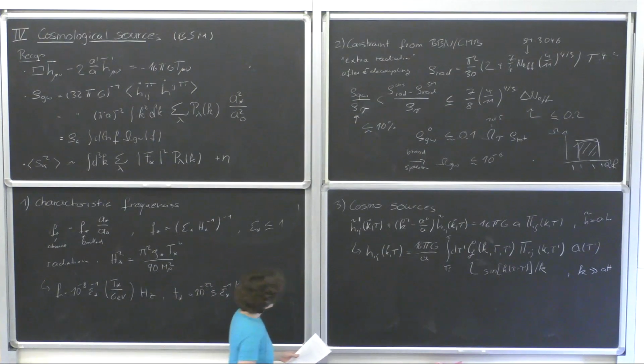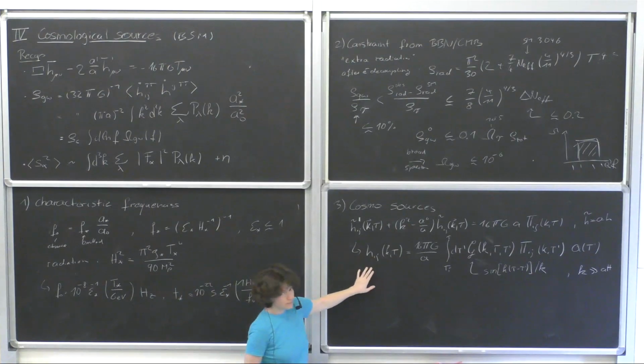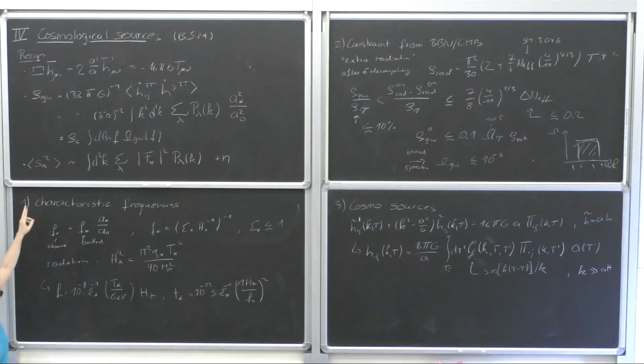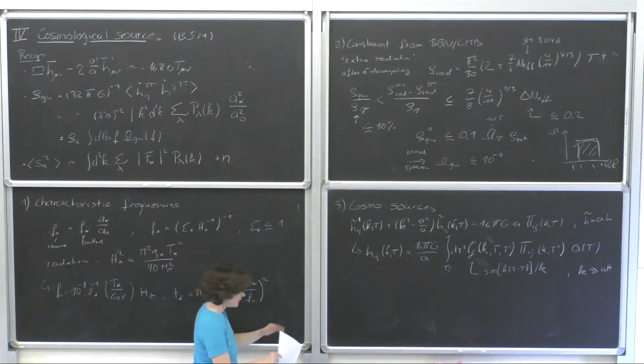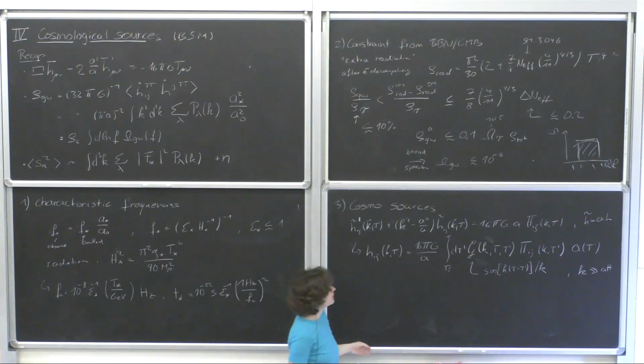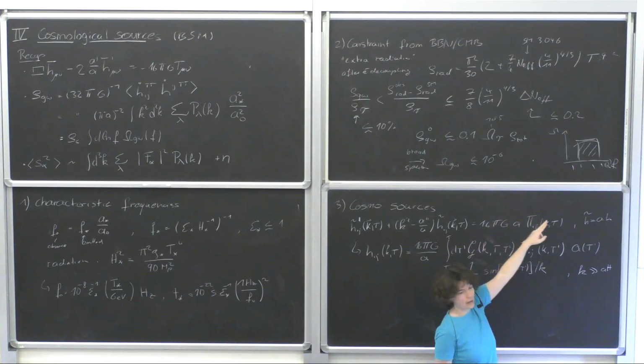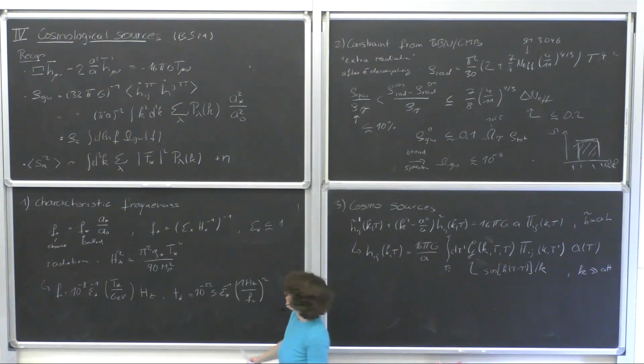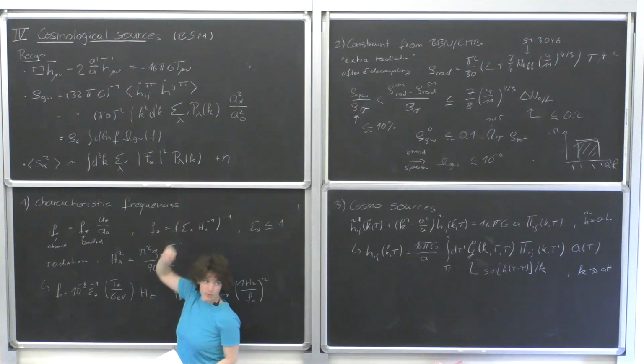Okay, so now we can take this expression and put it back into the expression up here for the energy density. For any cosmological source, the prediction will be some spectrum Omega of f, because that's the thing we can measure, the thing that shows up in the response function of the detector.